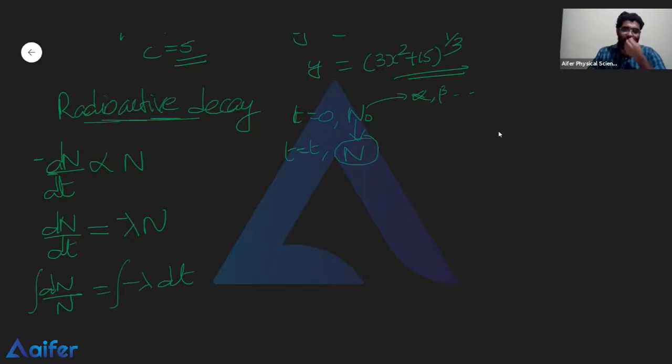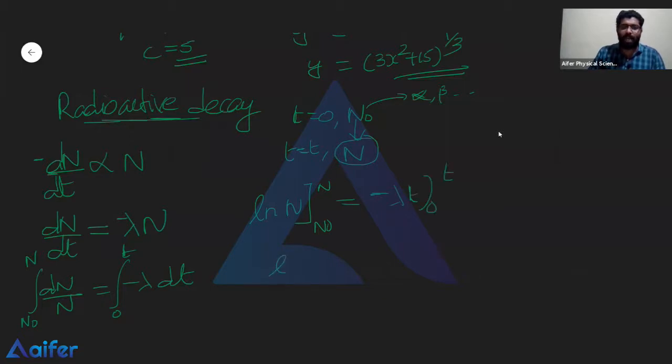Now the conditions are given, so we can directly put them in. Initially we have n0 particles, now that has become n, and initially time t equal to 0, now the time is t. So if you integrate, ln n from the limit n0 to n equals minus lambda t from the limit 0 to t.